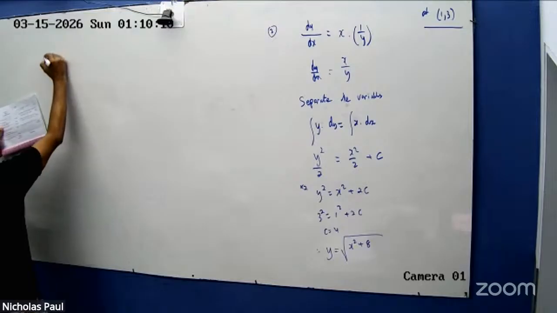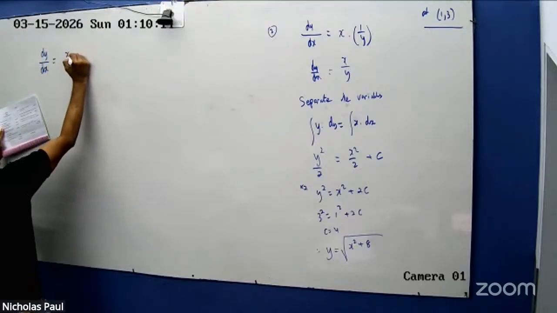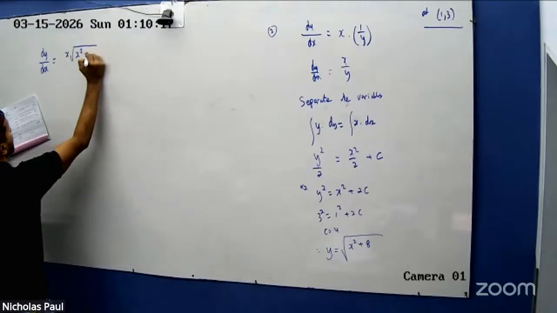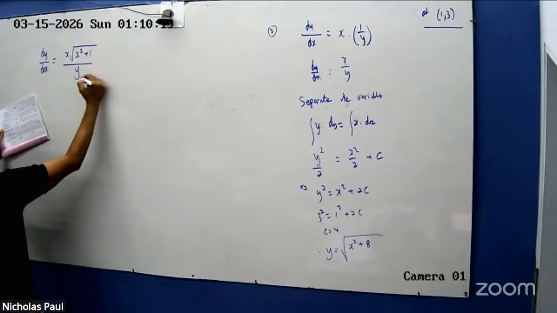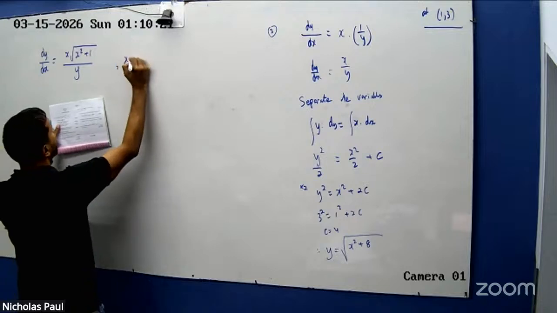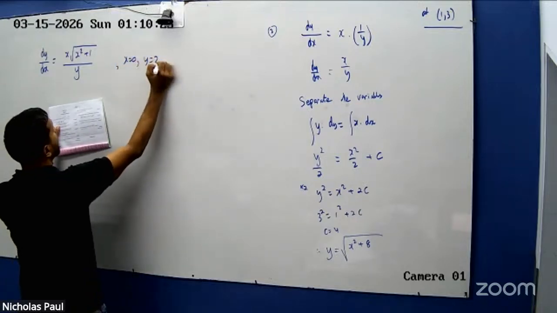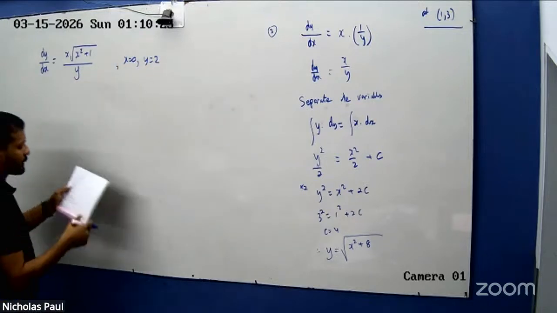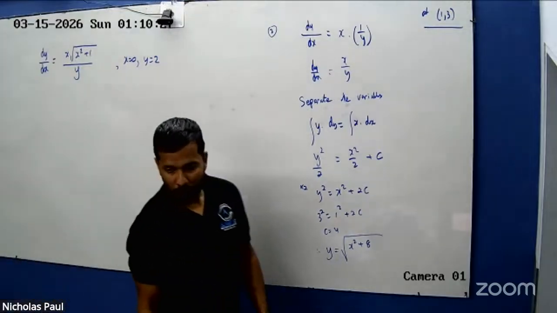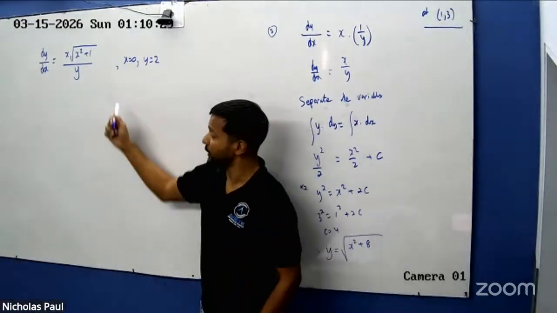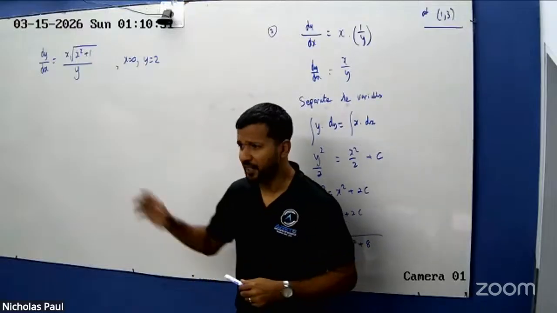The slope of the function looks like this. So they give you this, right? Solve the equation here. I didn't give you this one, right?